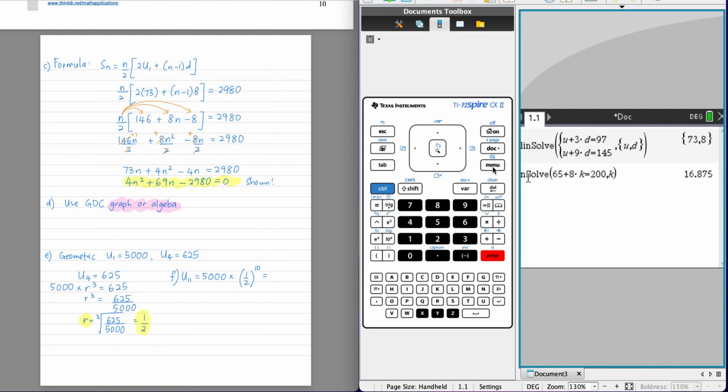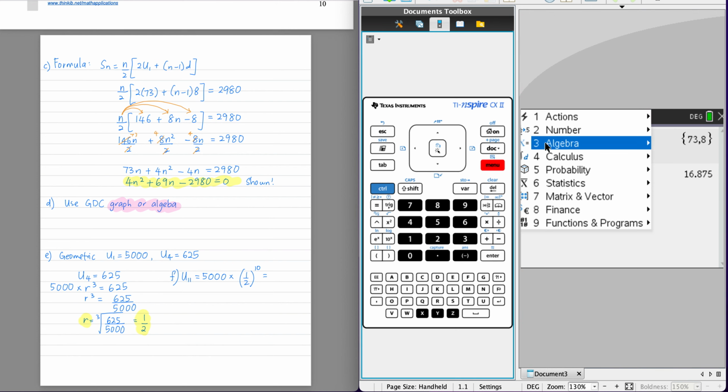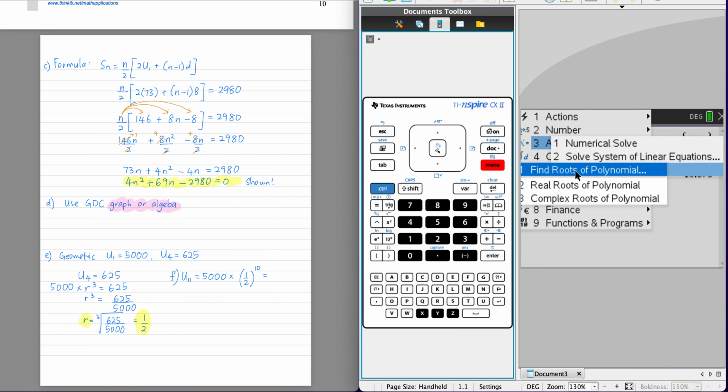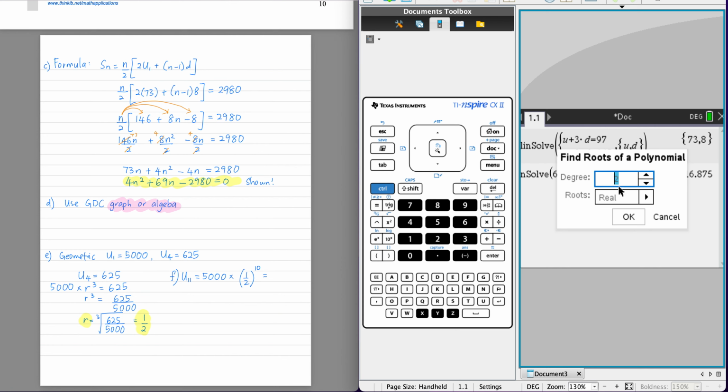Menu, algebra again. The quadratic falls under number 3, polynomial, then number 1, find roots of a polynomial. I choose that, and they ask me the degree.